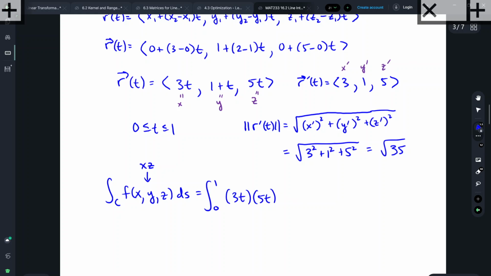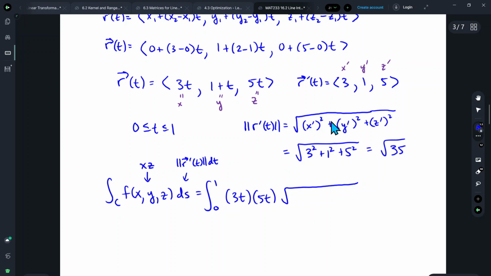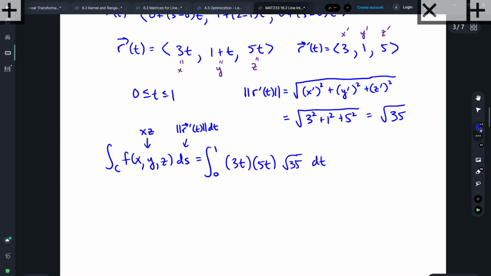And then ds is basically just the magnitude of r prime of t dt, so we get the square root of 35 dt. Okay, so this is what we have to calculate.